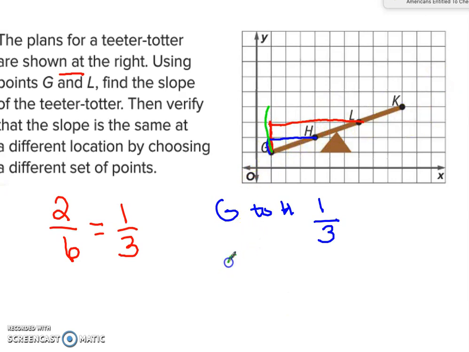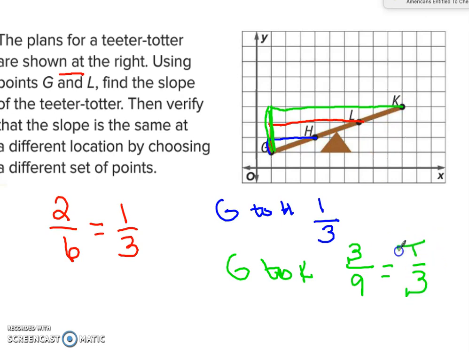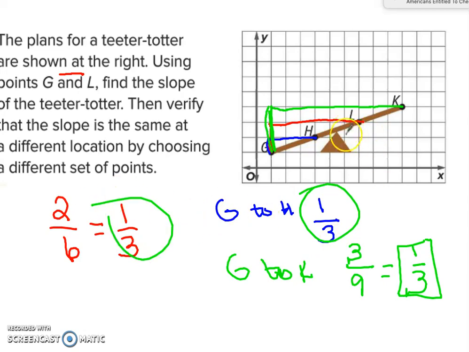So let's do G to K. So I'm going to go up 1, 2, 3. And I'm going to run 1, 2, 3, 4, 5, 6, 7, 8, 9. So 3 to 9, which we know reduces down to 1/3. They're all 1/3. So then we verified it.